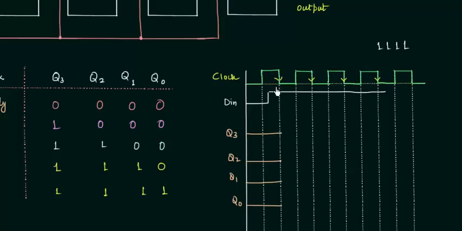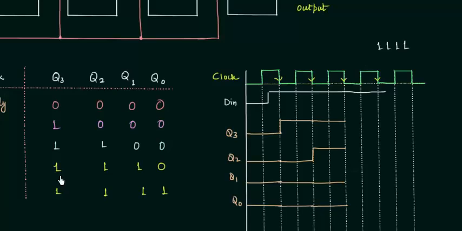And for the first falling edge, you can see Q3 is high, whereas Q2, Q1, and Q0 are low. Now for the second falling edge, Q3 is high, Q2 is also high, Q1 was 0, and Q0 is also 0.